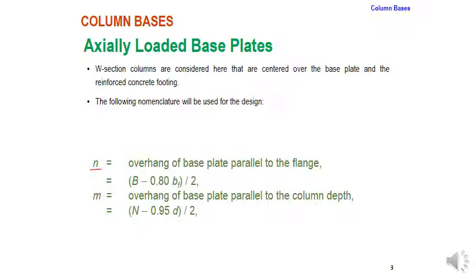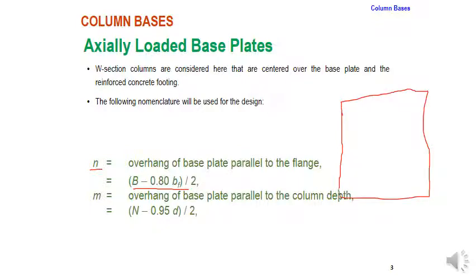Small n will be the overhang of the base plate parallel to the flange and is calculated as B minus 0.80 BF, divided by 2. And M is the overhang of the base plate parallel to the column depth. To understand this M and n, I can draw a figure again.